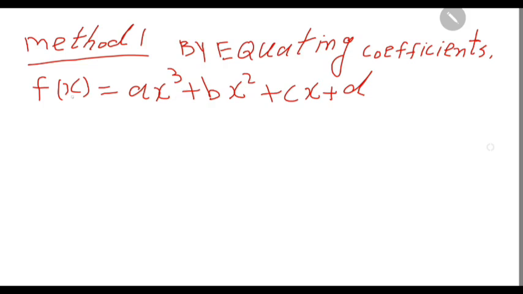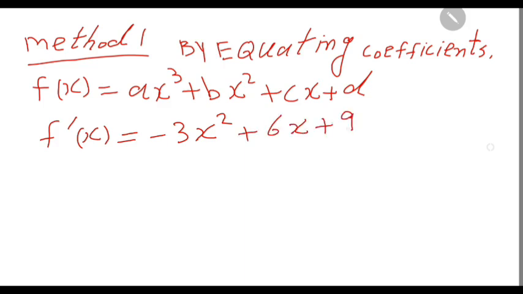The first derivative is given, negative 3x power 2 plus 6x plus 9. Now I'm going to take the derivative of this cubic equation, then I'm going to equate the coefficients.